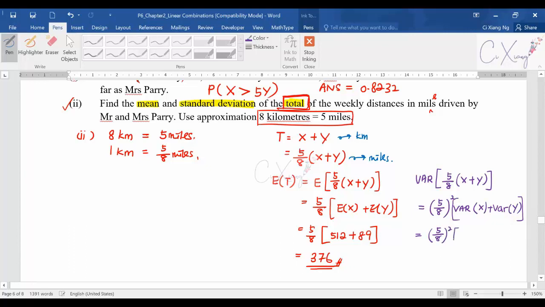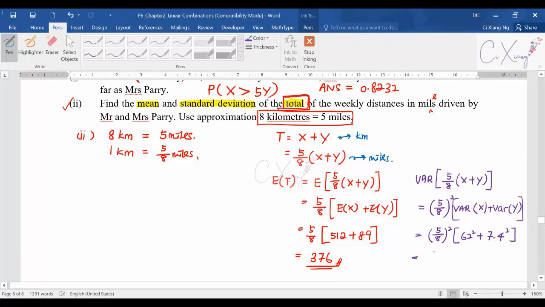Okay, so what is the variance x that you have? It should be 62 squared, because the standard deviation is 62, right? So the variance should be 62 squared. And for variance of y, it should be 7.4 squared.